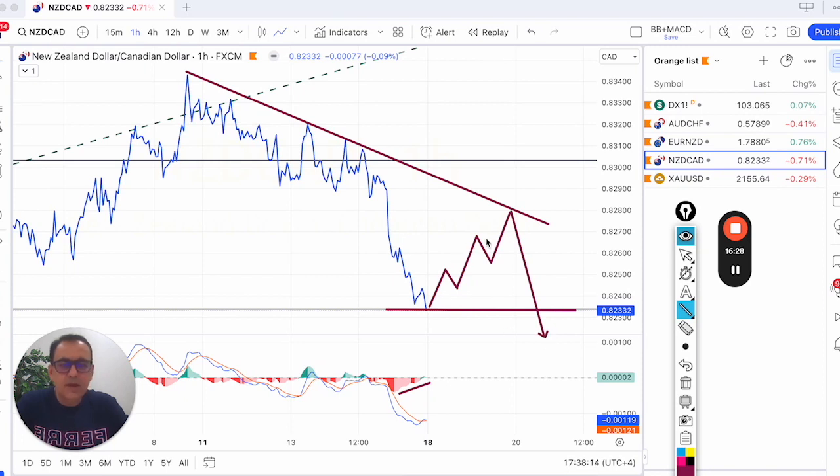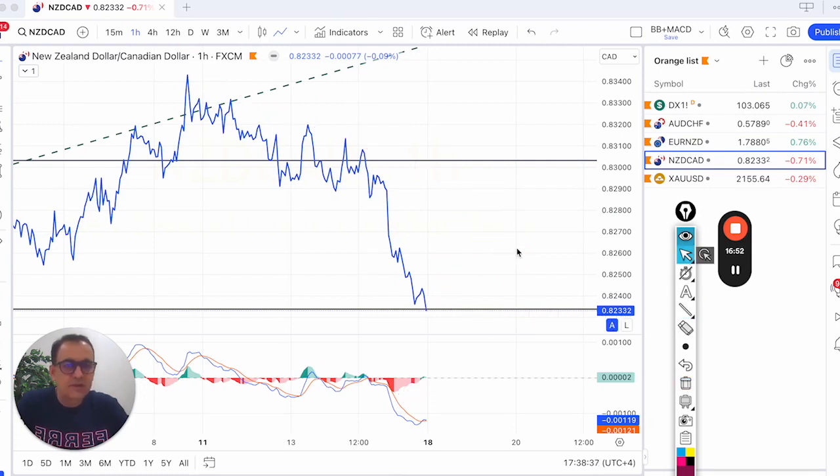So any pullback on New Zealand dollar versus Canadian dollar is to be taken as the opportunity to sell. So you can expect pullback towards the falling trend line or maybe towards this horizontal resistance area. So that's 0.8290 to 0.8280. Rise towards this area to be taken as an opportunity to sell.